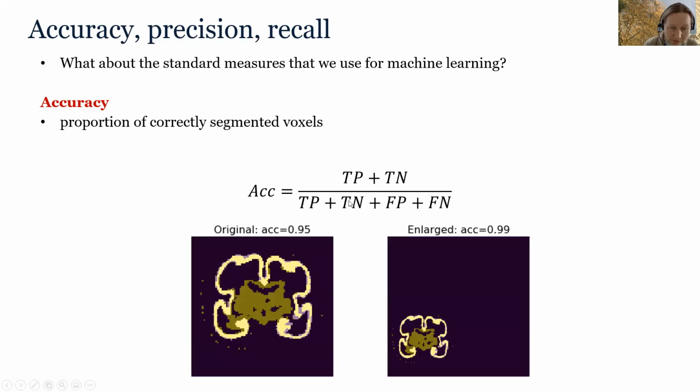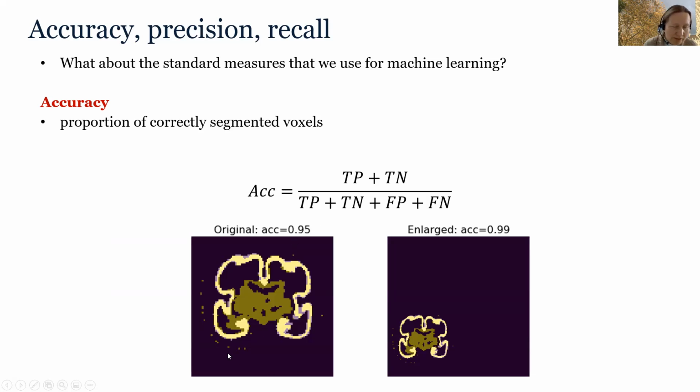So the problem with that is that we are not really so interested in the accuracy of segmenting the background, because the size of the background can vary a lot depending on how we crop the image and so on. So here you can see that there is quite a lot of background in this image compared to the foreground structure, which is the cortex. So accuracy becomes quite high, 0.95, but it's driven by these background voxels.